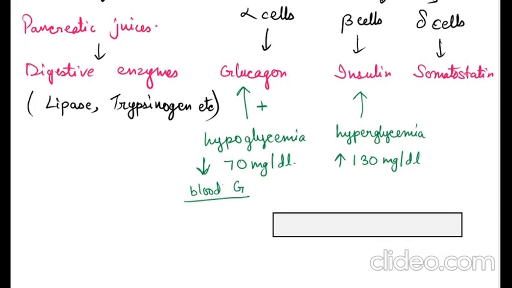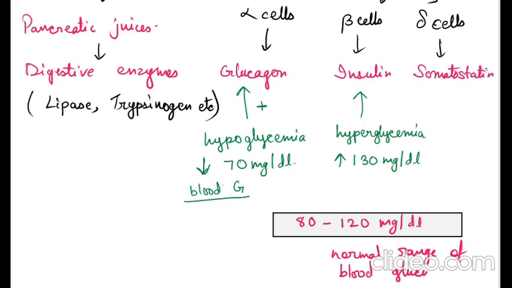The normal range of blood glucose that we have is 80 to 120 mg per dl in the blood. So this is the normal range, 80 to 120.